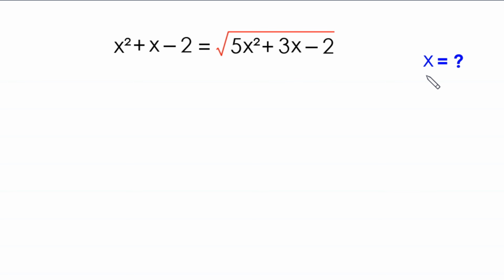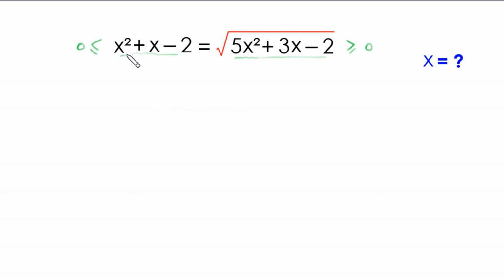So let's start. Since the expression 5x squared plus 3x minus 2 is under a square root, it must be greater than or equal to 0, and x squared plus x minus 2 must be greater than or equal to 0.